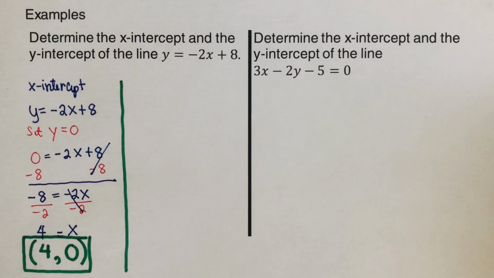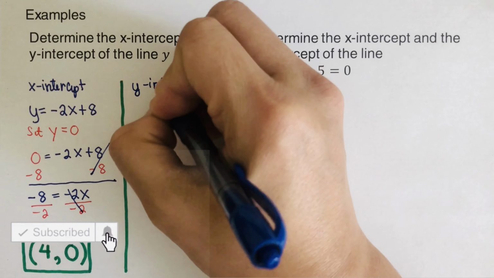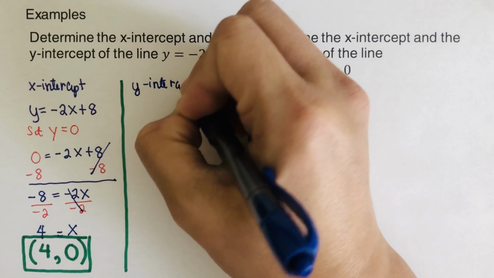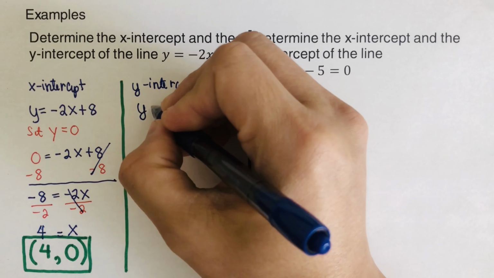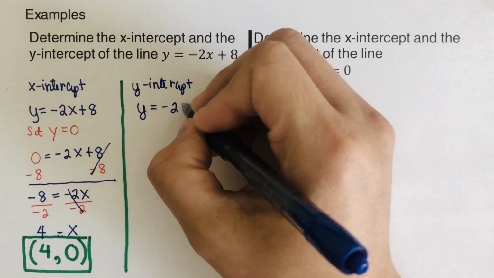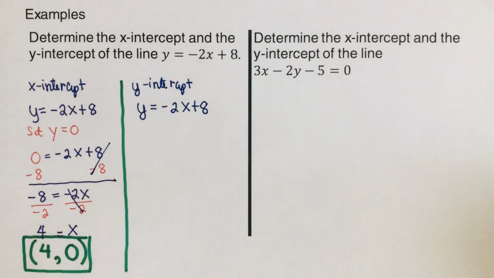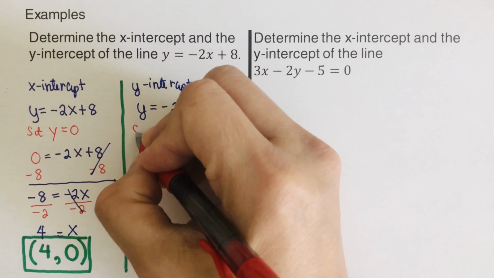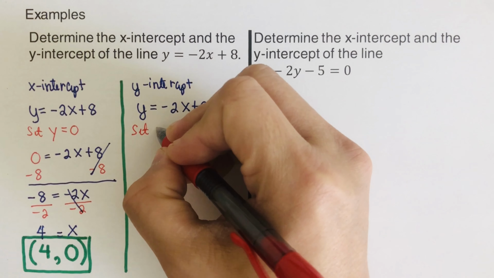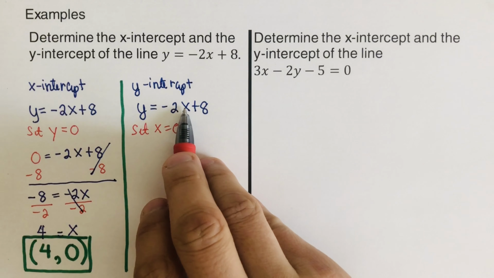I'm going to show the work over here for the y-intercept. I'm going to write the equation first: y equals -2x plus 8. In solving for the x-intercept, we set y equals 0. In solving for the y-intercept, we set x equals 0, so we plug this 0 into the x.